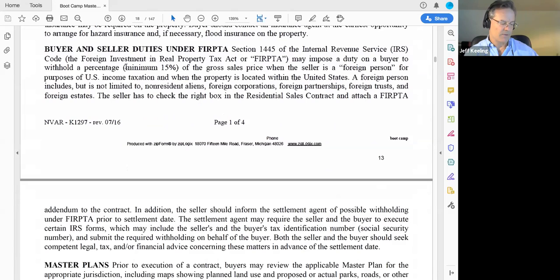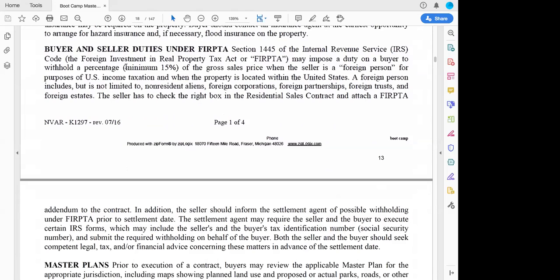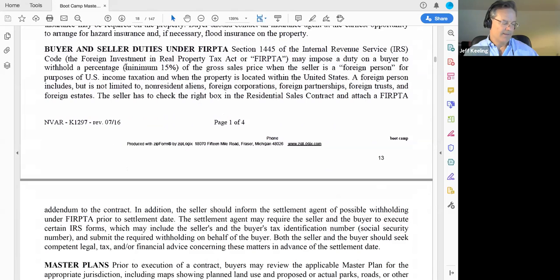Is that an out, where the seller has to pay these taxes to the IRS? Can the buyer sever the purchase agreement? It's not a contingency. There's nothing in here that allows that. It's just stating a plain fact.